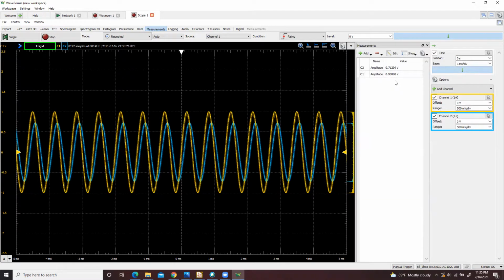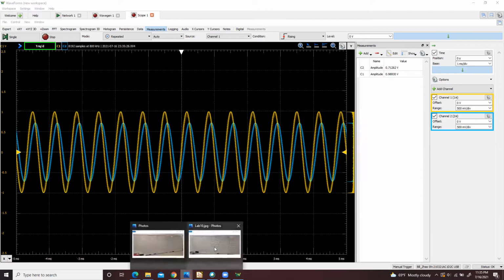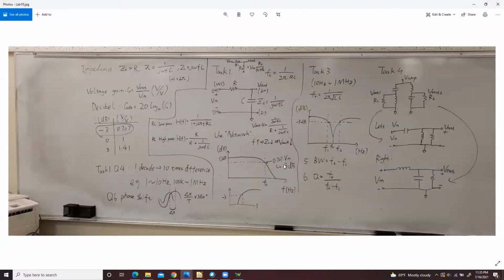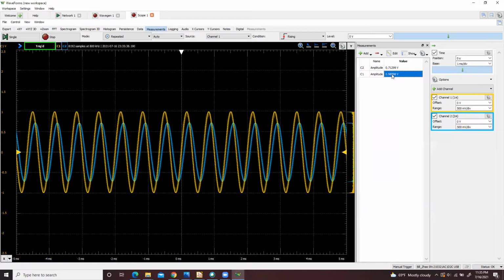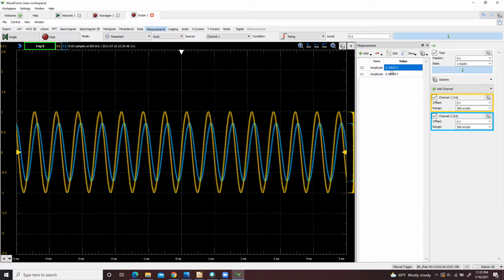So remember, as I mentioned, when the signal is at the cutoff frequency, the output should be equal to 0.707 times the input. Okay, so my input is about 1 volt. So I need to adjust my input frequency to get this value close to 0.707.